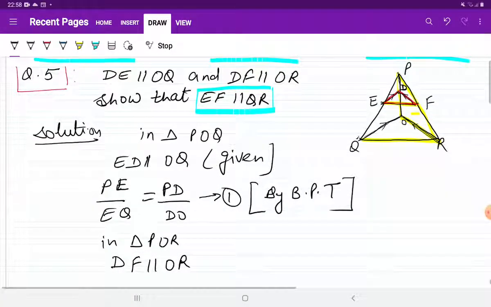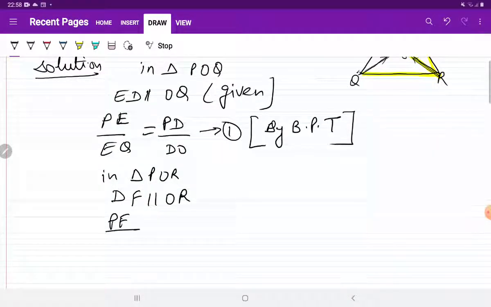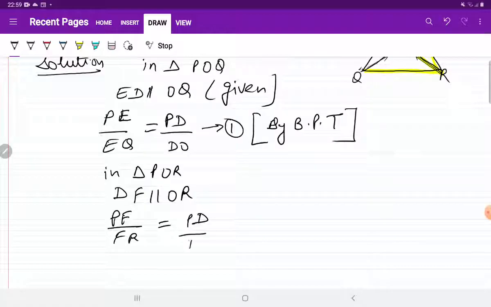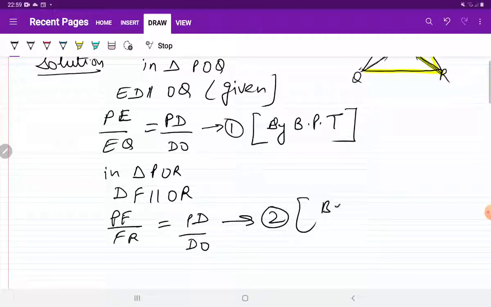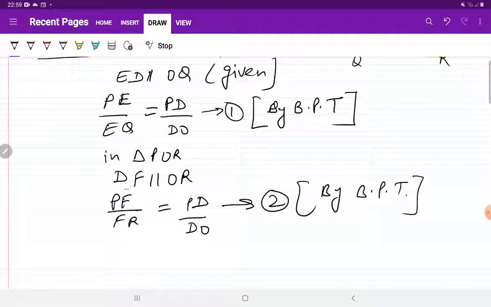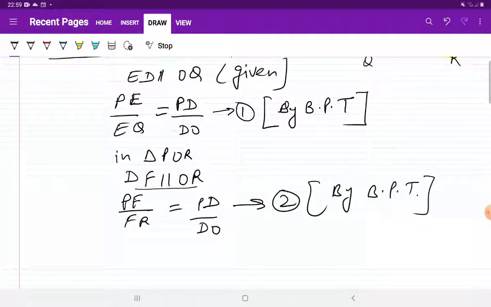Then PF upon FR will be equal to PD upon DQ. This is your second result, again by the basic proportionality theorem. Why are we using it here? Because two sides are parallel, and if sides are parallel, the ratio of the other two sides will be the same. This is your basic proportionality theorem.